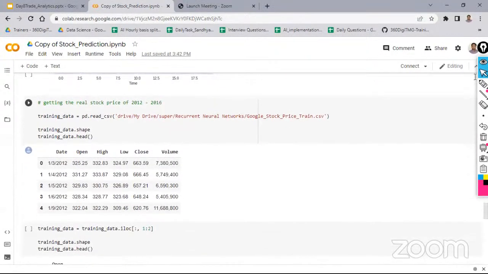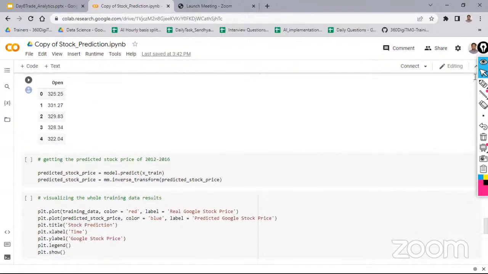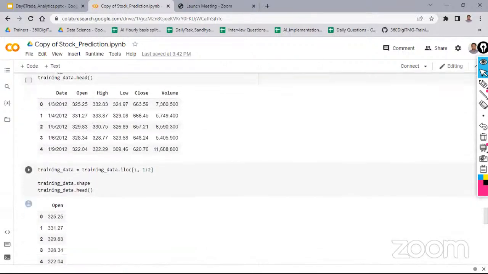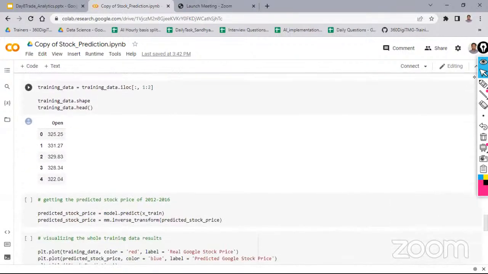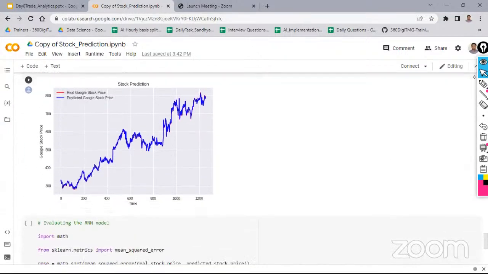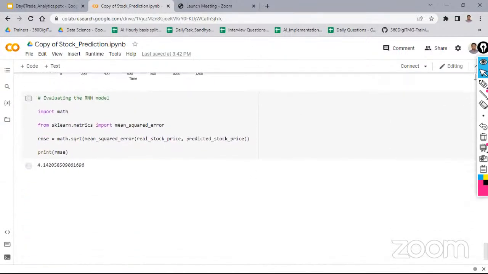So again, you can just give a train CSV with Google and then go with the prediction with respect to a different column and then take the value, train the model, and you get the root mean square error. So I'm calculating the root mean square error, that is only 4%.